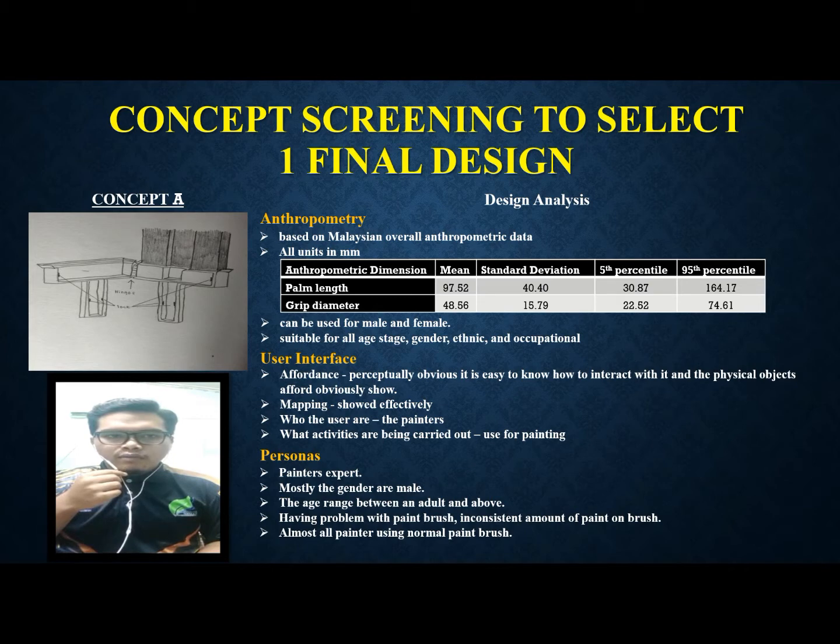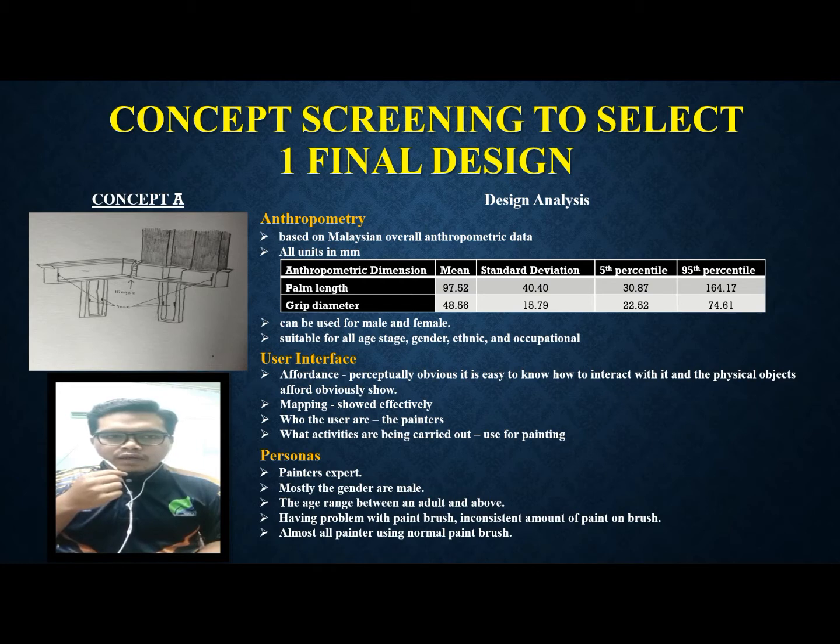For the grip diameter, the mean is 48.56, the standard deviation is 15.79, the 5th percentile is 22.52 and the 95th percentile is 74.61.